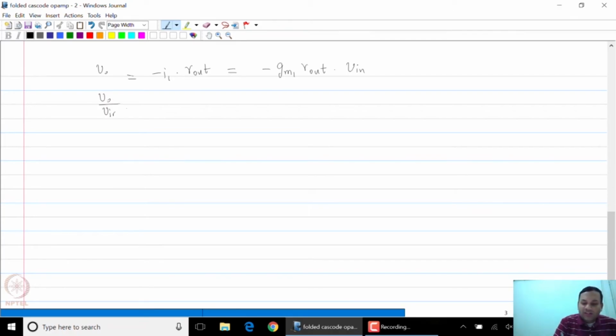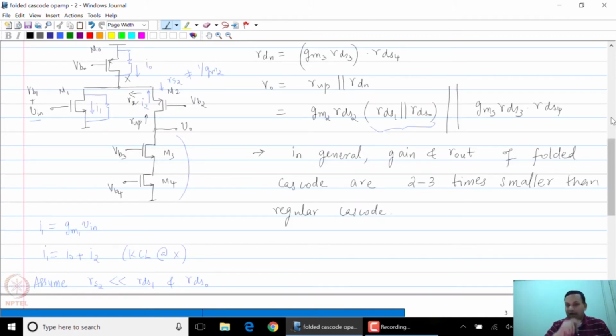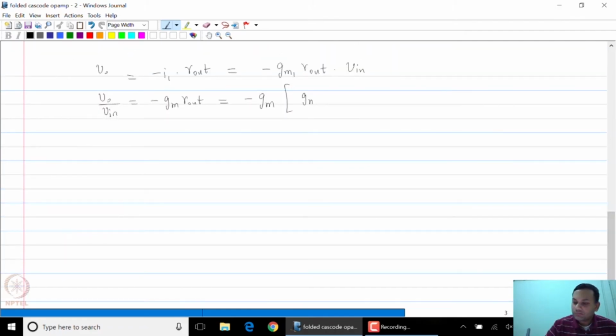So VO by V in, which is the small signal gain of the circuit, is minus GM1 times R out. As we have seen, R out is GM2 RDS2 times RDS1 parallel RDS0, in parallel with GM3 RDS3 RDS4.